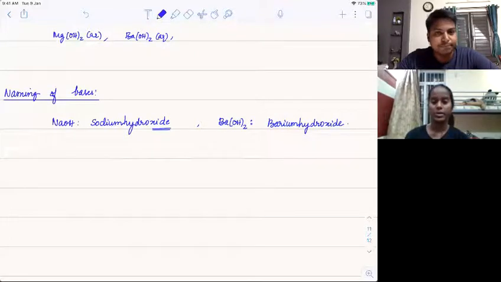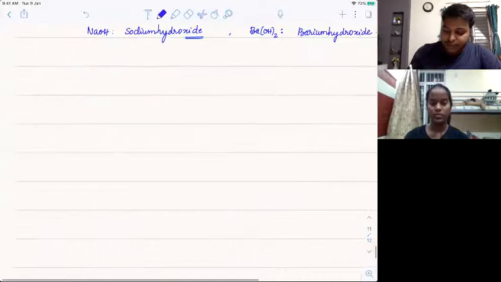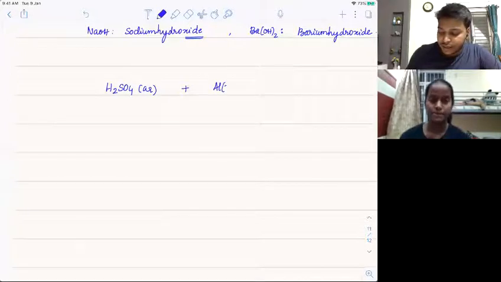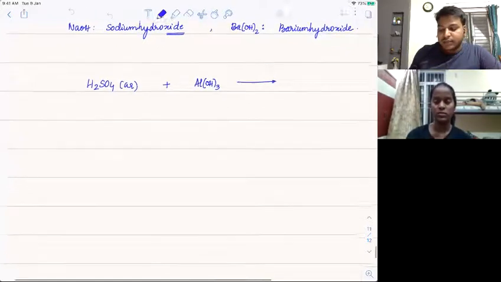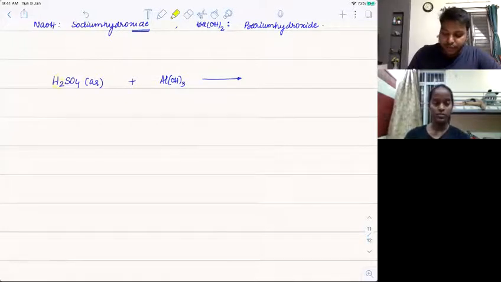Now, very important: if you have an acid like H2SO4 aqueous and you are treating that with aluminium hydroxide, Al(OH)3, you always need to make sure all these hydrogens are replaced by OH.